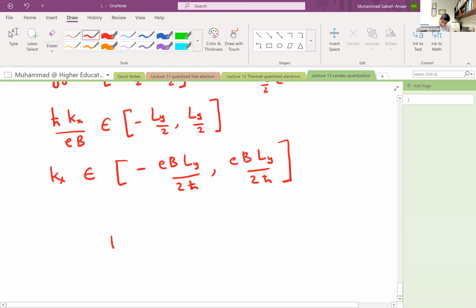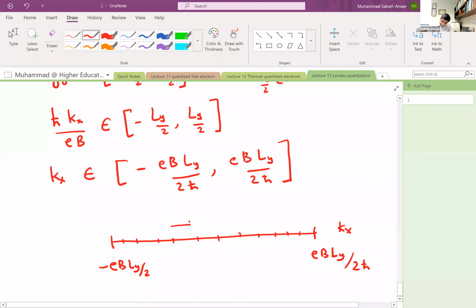Okay, so now if I were to draw the kx axis, my values of kx are confined between eB Ly over 2h bar and minus eB Ly over 2h bar. But I know that the spacing between any 2 points along the kx axis has to be equal to 2 pi over Lx.